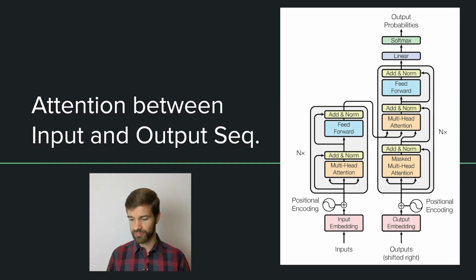We also go to this hidden representation, and now the third multi-head attention here is the connection between those two representations. As opposed to the input and output attention blocks here, this one is being fed information from the encoder and from the decoder. And here is where all of this sequence-to-sequence alignment between those two sequence types actually happens.